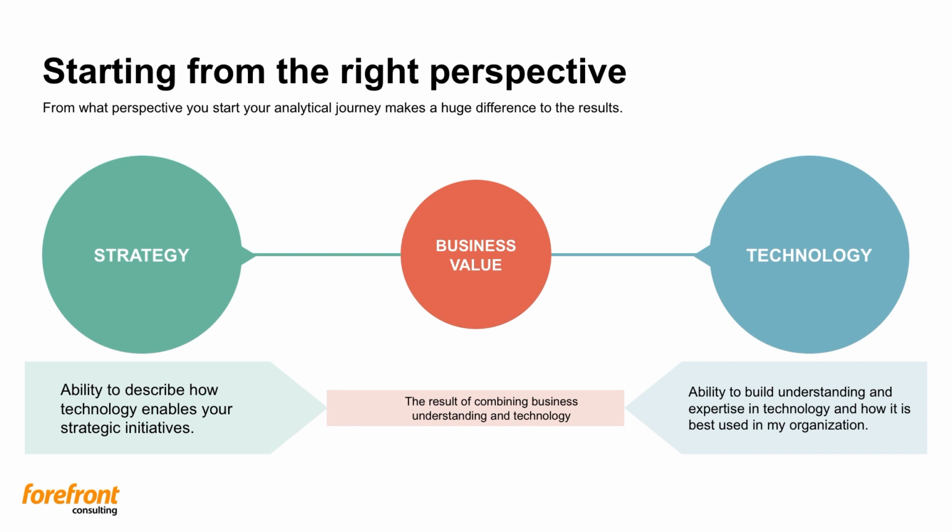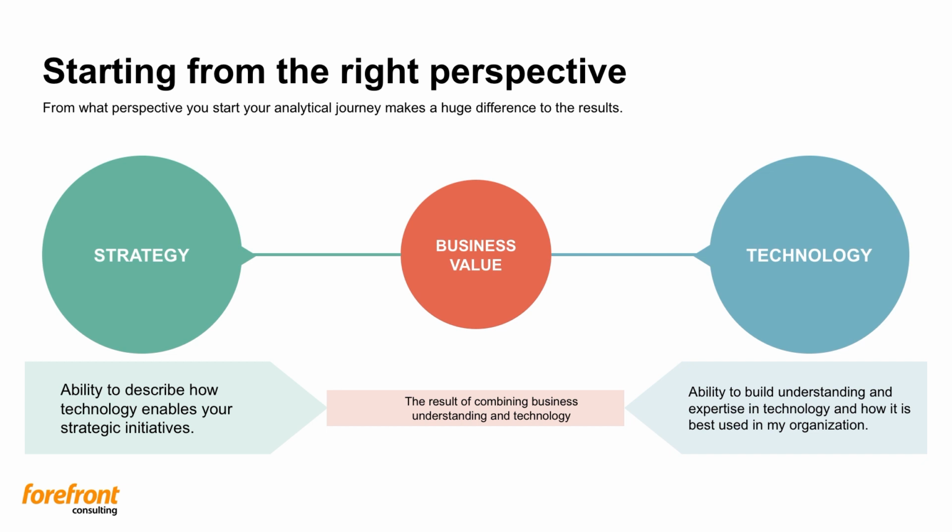Now what I would like to end with is starting from the right perspective. Naturally you would like to deliver business value. That's what everybody would like to do. So you need to have a clear view of how you deliver your business value. But what we have seen is that many start from a technology perspective, and they're trying to convince people or companies which technology to use to achieve this business value.